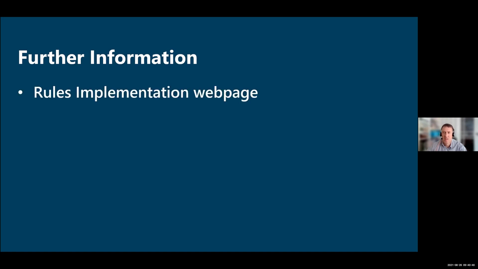Your first port of call for all support material on the Cadastral Survey Rules 2021 is the Rules Implementation webpage. This page includes links to the new guidance. And I highly recommend you take a look at the guidance as it covers topics not previously released by LINZ.